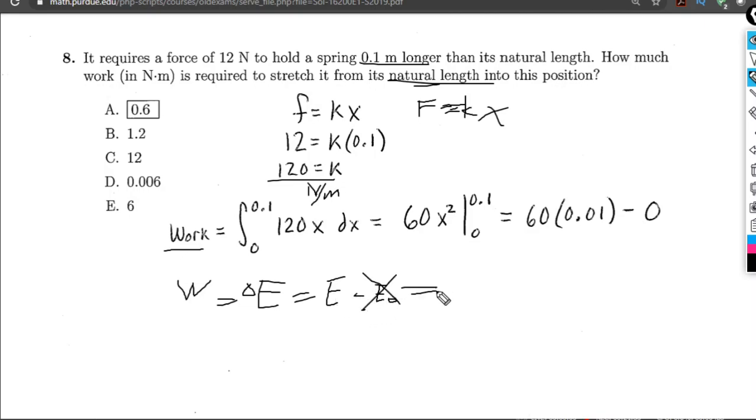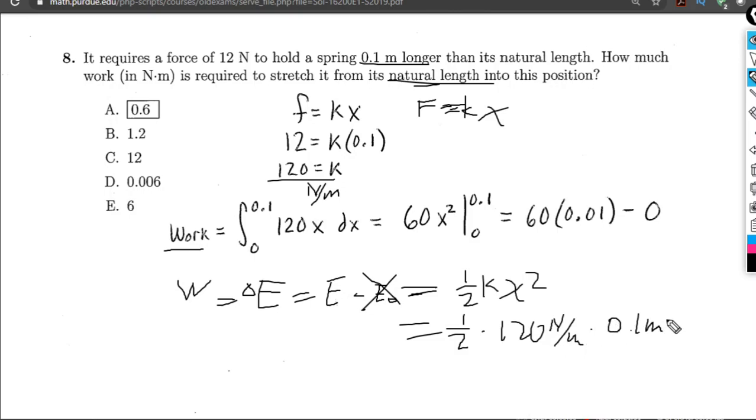So the spring energy is just half kx squared, with x the stretch, and it would be 1/2 times 120 Newton per meter times 0.1 meters squared, and you should get 0.6 Newton meter.